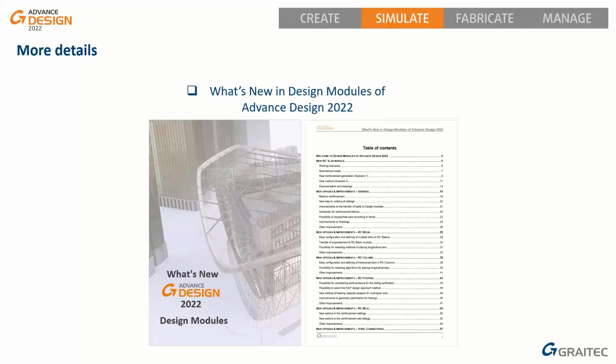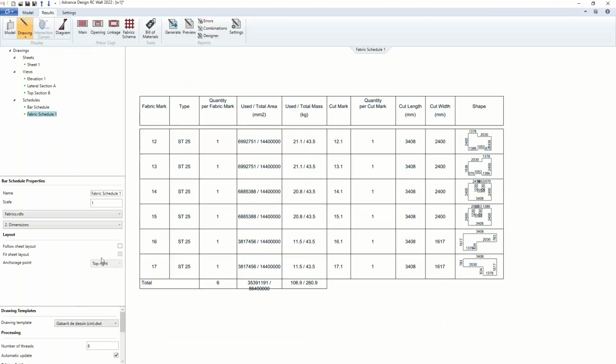And as I said before, there are some questions in the chat, so I will try to read them. Yes, there is a question related to snaps. Snaps on beams, no, not beams, on planar elements modules.